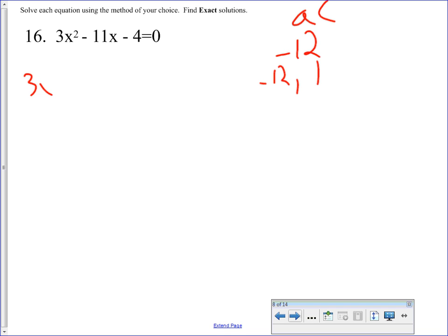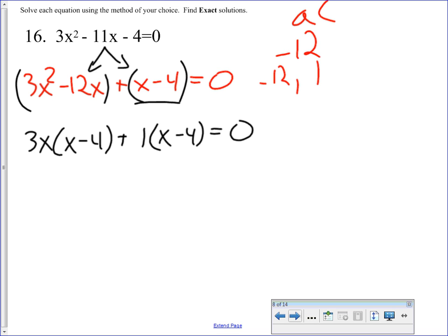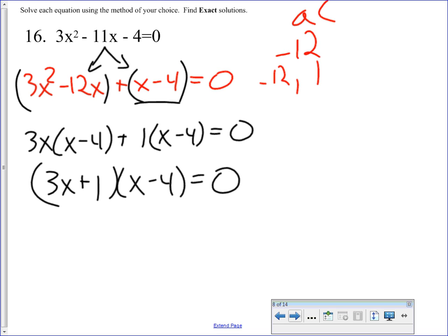So this is 3x squared minus 12x plus x minus 4 equals 0. Remember, we're splitting that and then factoring by grouping. So we'll get 3x times x minus 4. Can't factor anything out of this, so I'll just write a 1 out front. And I'll get 3x plus 1 times x minus 4 equals 0.